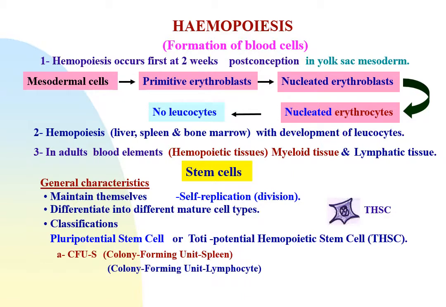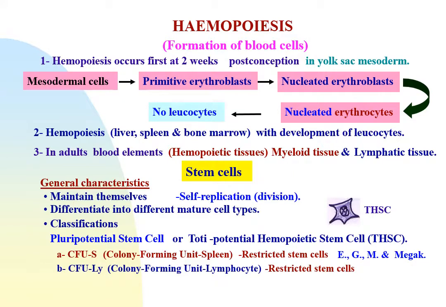Colony-forming unit spleen cells are restricted stem cells and are the precursors of more restricted stem cells for erythrocytes, granulocytes, monocytes, and megakaryocytes. On the other hand, colony-forming unit lymphocytes are also restricted cells, and they are the precursors of more restricted stem cells for lymphocytes T and B.